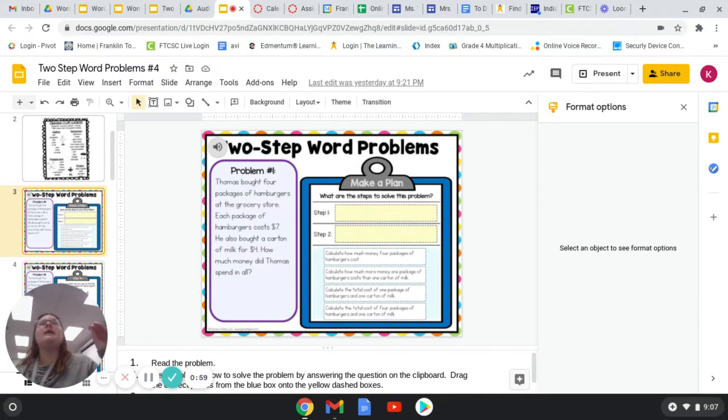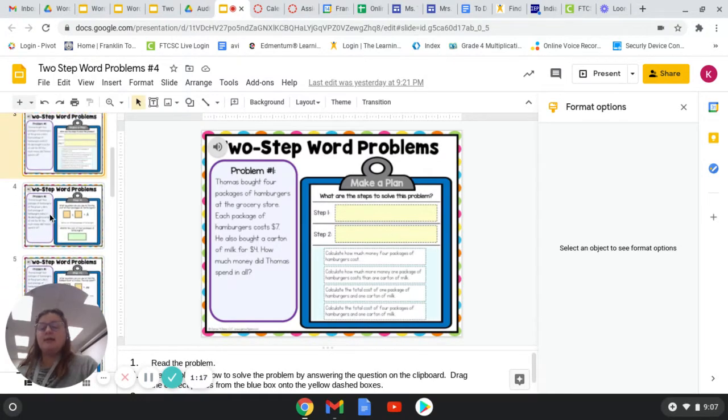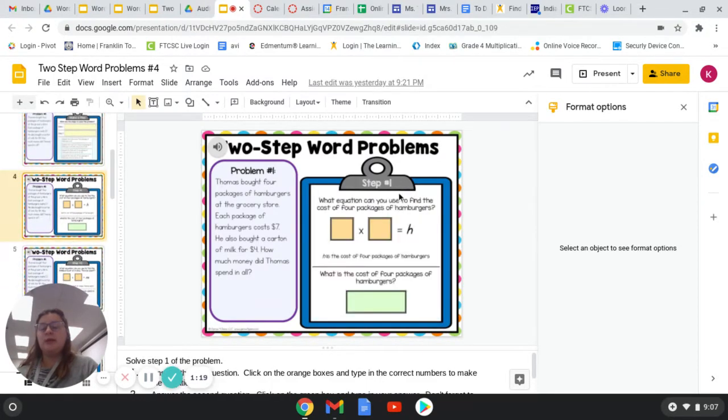So problem 1 actually goes on to 3 different slides today, and that's okay. So on the first slide, we are simply dragging the steps of what we're going to do and how we're going to solve a problem. And then on slides 2 and 3, we're actually going to write the problem and solve it.